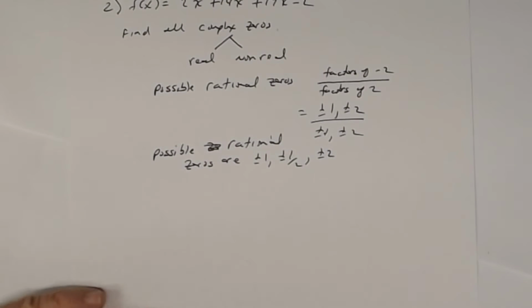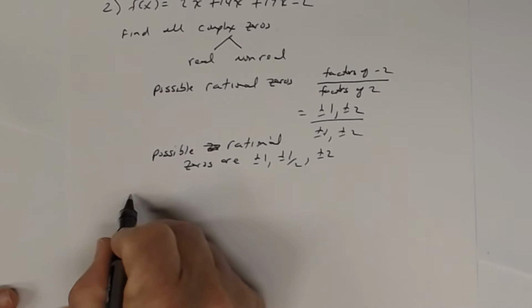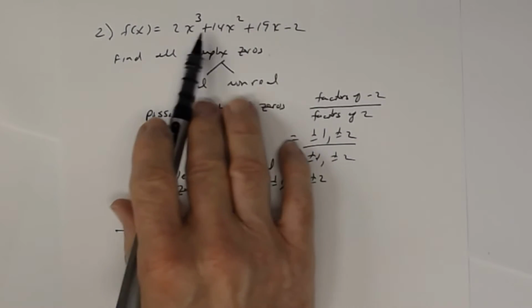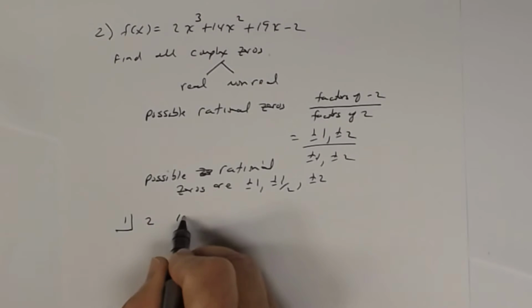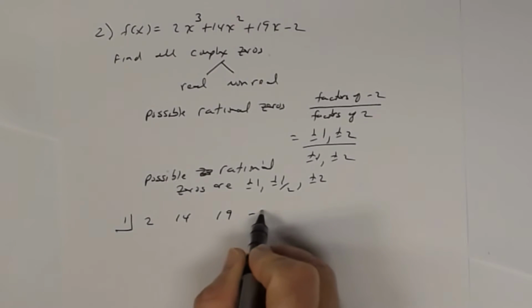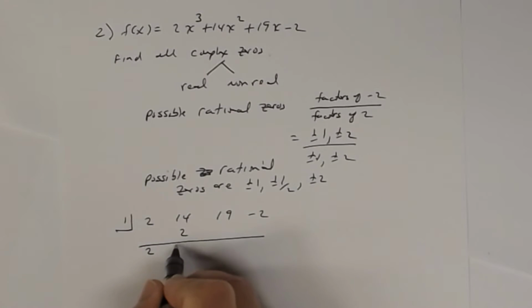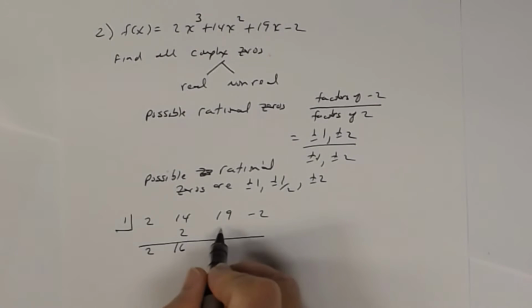All right. So let's go ahead and try 1 first. In descending order, there are no missing terms. I have 2, 14, 19, negative 2. Bring on a 2, multiply, you get 2. Add, you get 16, multiply, you get 16.